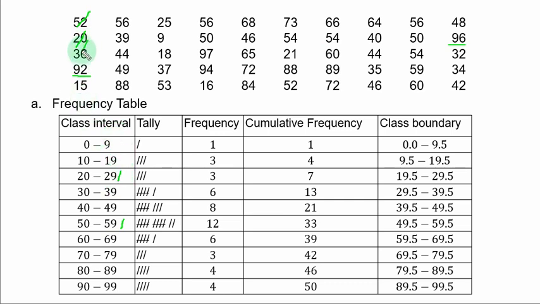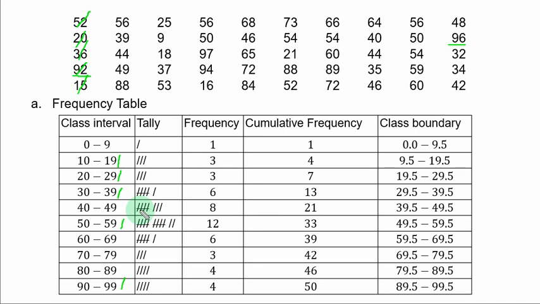You strike off 36, you record it here. You strike off 92, you record it here. You strike off 15 and you record it here. You do that for all the columns. That will give tally. Now you must know that a bundle of tally contains 5 strokes.